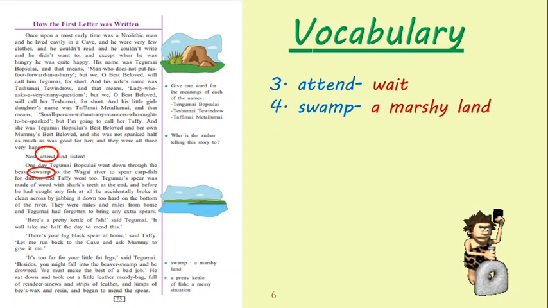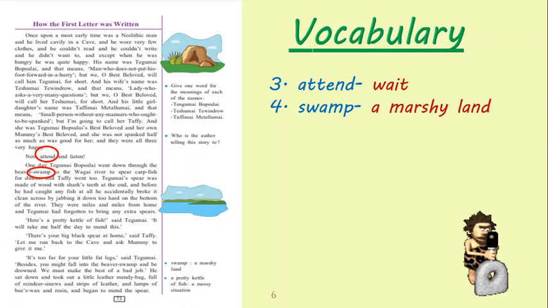Why did Tegumai go to the Vagai river? Yes, Tegumai went to the Vagai river to spear crabfish for dinner. And students, we know that Taffy also went along with Tegumai to spear crayfish for dinner. Now students, what was Tegumai's spear made of?